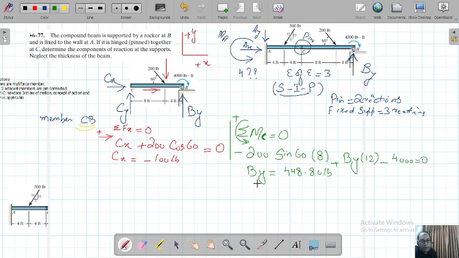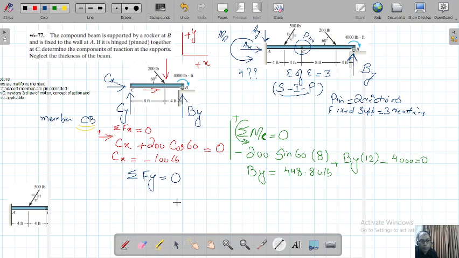So By is calculated, Cx is calculated. Now you can apply sigma Fy, sigma Fx, two equations used while calculating the member CB. Now sigma Fy is equal to 0. Just for direction, this is going to be our respective direction.